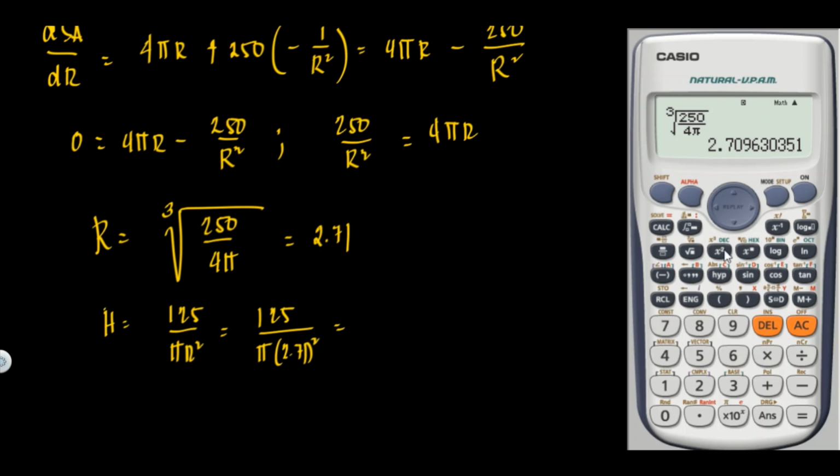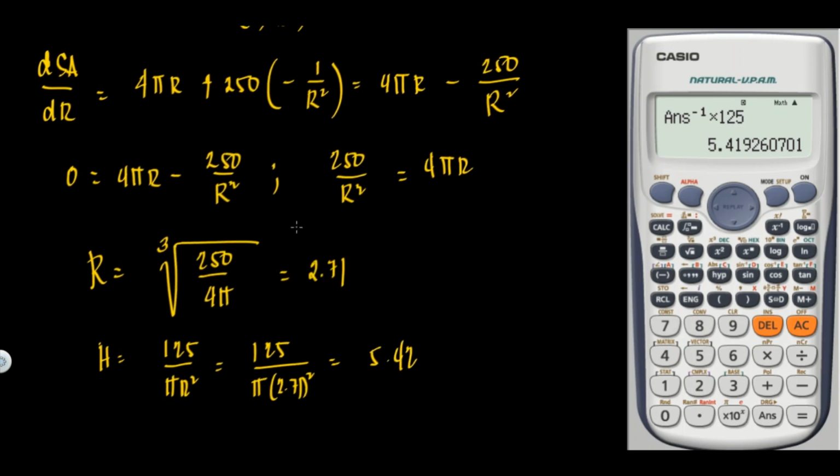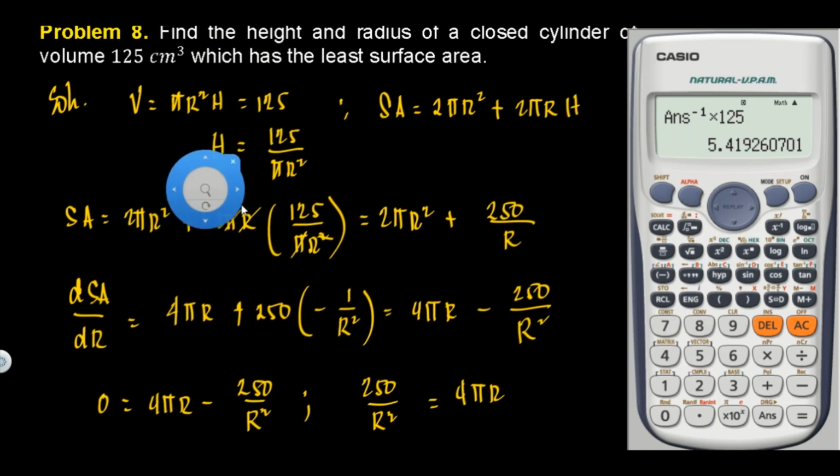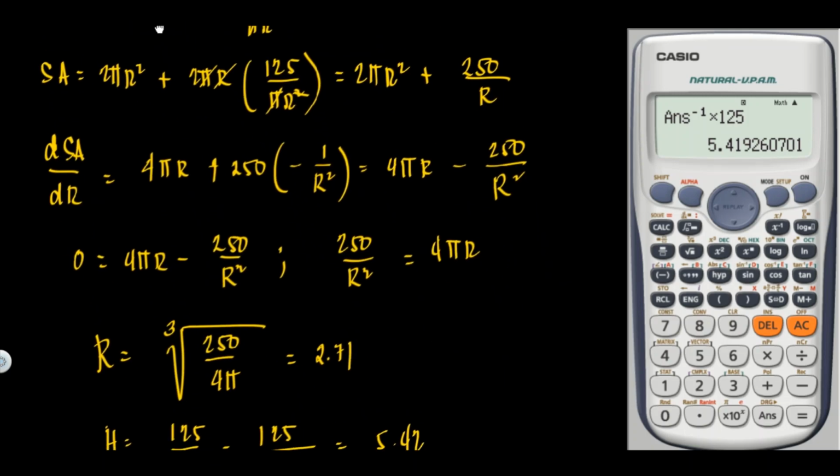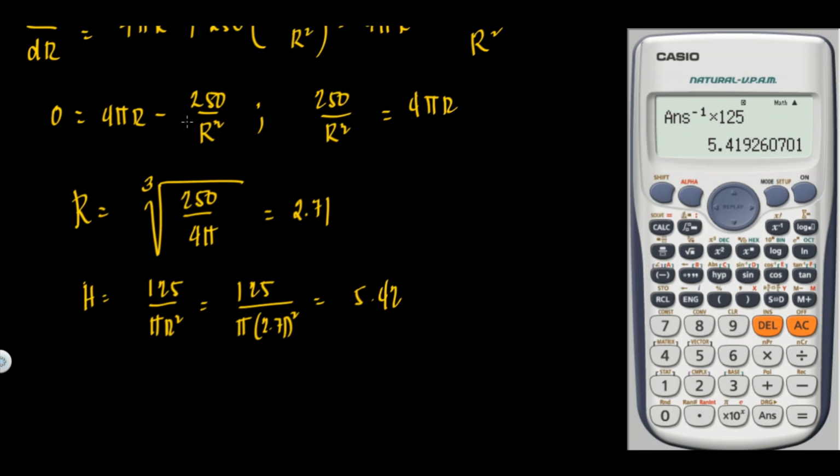So, square of this, then multiply it by pi, inverse times 125 equals 5.42. Okay, ano mga units nito? Ano ginamit dito? cm. Okay, so least surface area, tapos dimension, ito yung r and h.